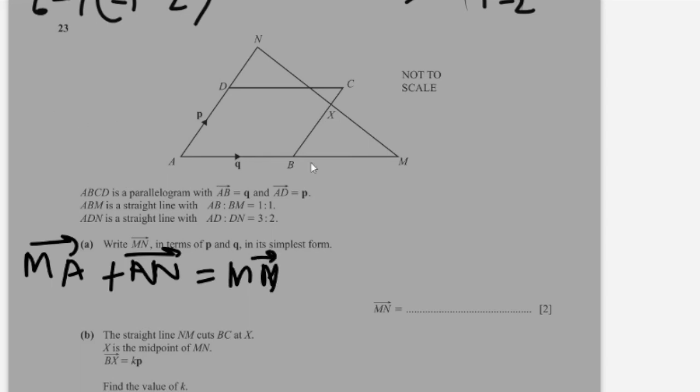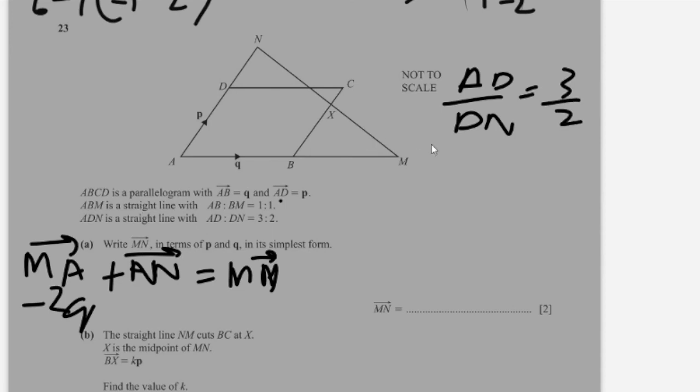And as you can see over here, AB to BM is 1:1, which means both of them are equal. So AB plus BM is 2Q, but since the direction is reverse, that becomes negative 2Q. So we have negative 2Q plus these values. As you can see in the question, AD over DN is 3/2.